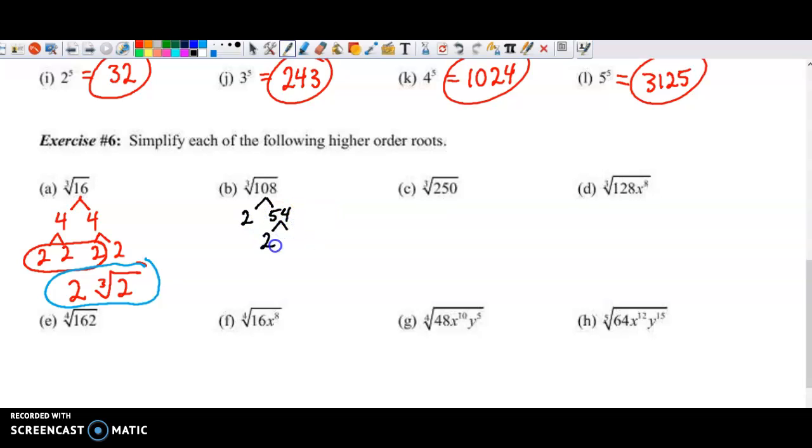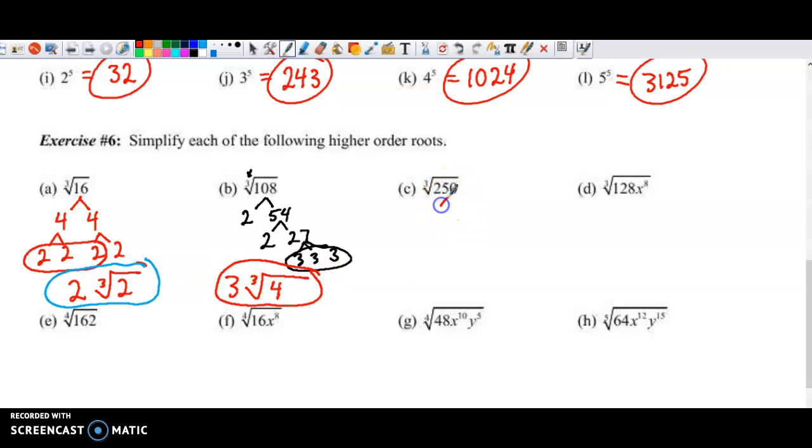Okay, well, I can do 2 times 27. Well, we can't divide by 2 anymore. So at this point, it might be beneficial to know that 3 times 3 times 3 is 27. Well, there's your group of 3, because it's the index there. So my final answer is 3 in front, cube root, and 2 times 2 is 4.